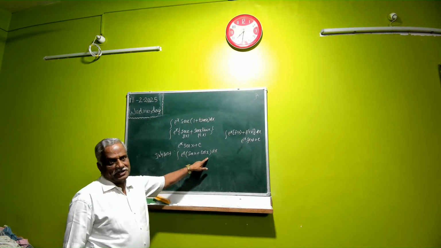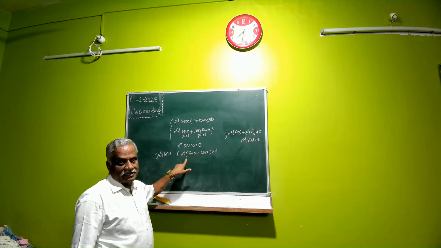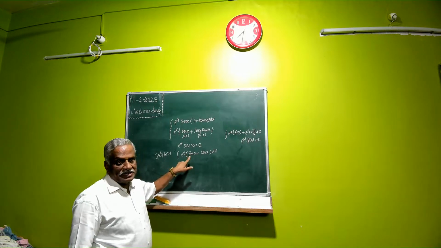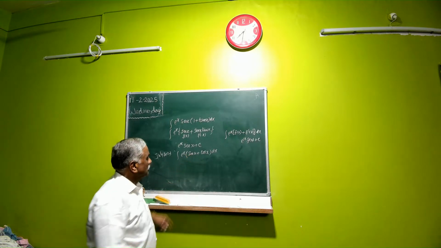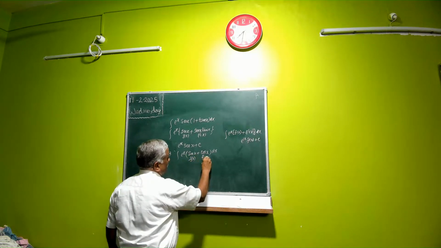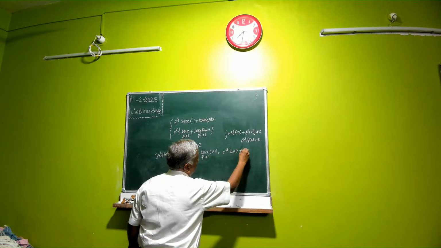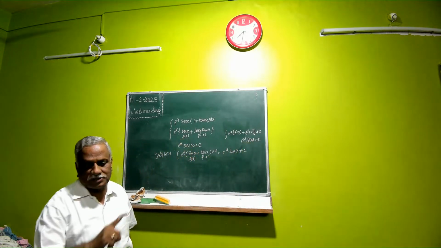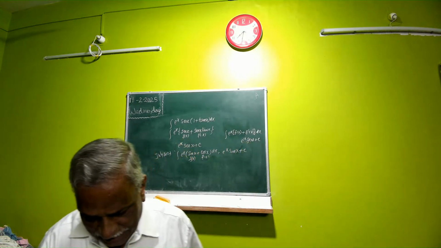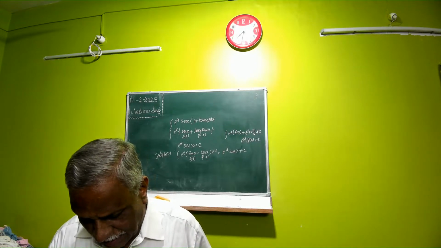Cos x cannot be f of x, because if you differentiate cos x, you are going to get minus sin x. There is no minus sign. But if you differentiate sin x, you are going to get cos x. So this is f of x, and this is f dash of x, and this is e to the power of x into sin x. So two consecutive years, they have repeated the same concept. And August 2023, same problem.